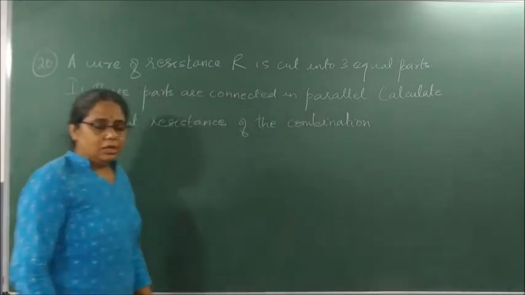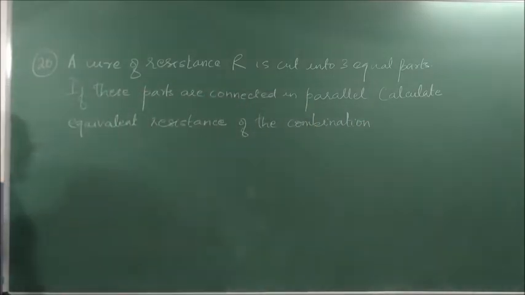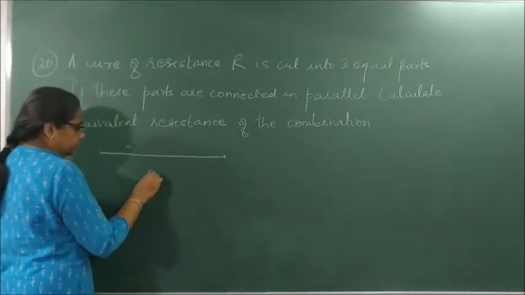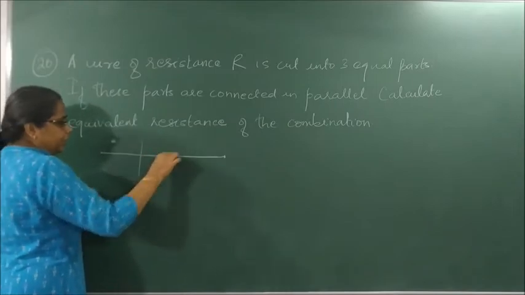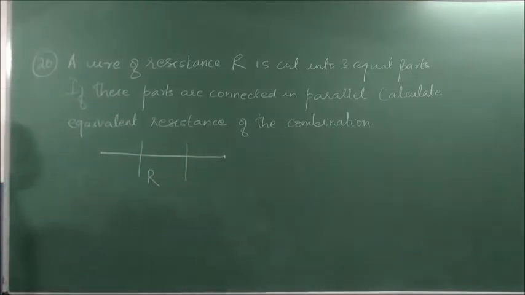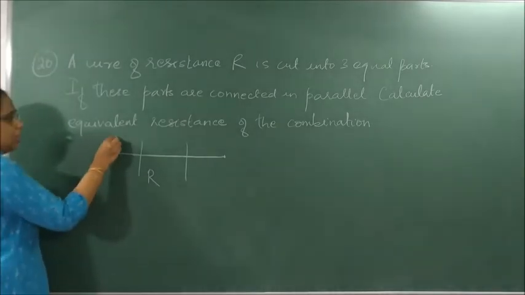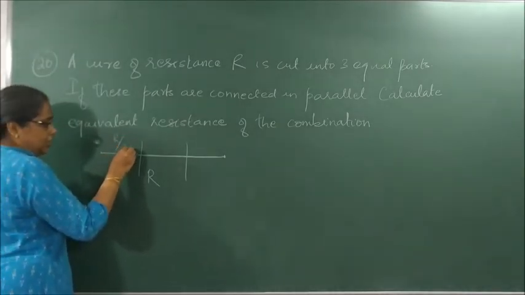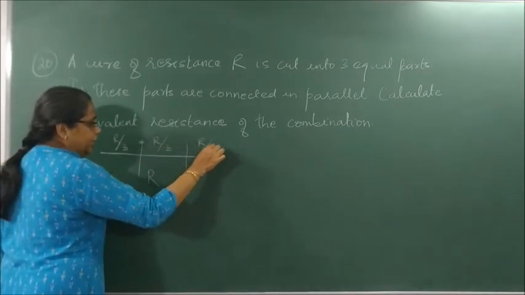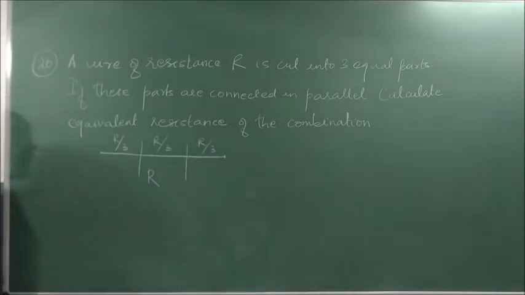Okay, this is something similar to what we did yesterday. So we have a wire which has a resistance R. It is divided into 3 equal parts. What will be the individual resistance? R by 3, R by 3 and R by 3. These R by 3 parts are then connected in parallel.